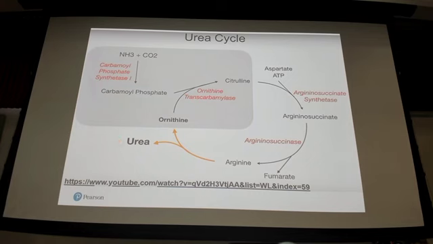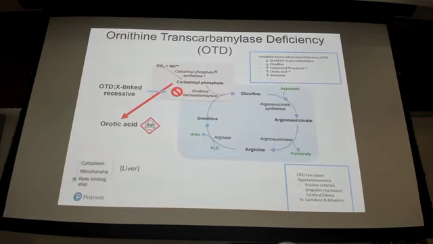This won't be a surprise to you, but there's going to be a deficiency, of course, of one of these enzymes. And when there is, particularly ornithine transcarbamylase, that is an X-linked recessive condition where the ornithine transcarbamylase is deficient. And so what happens is carbamoyl phosphate will build up, it will become orotic acid.